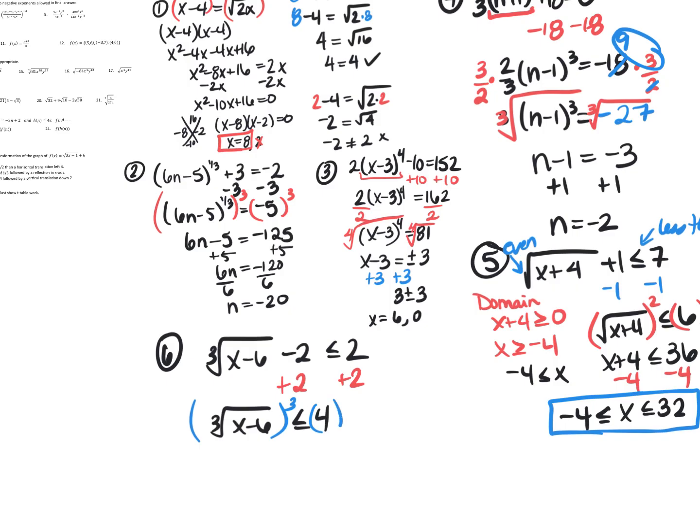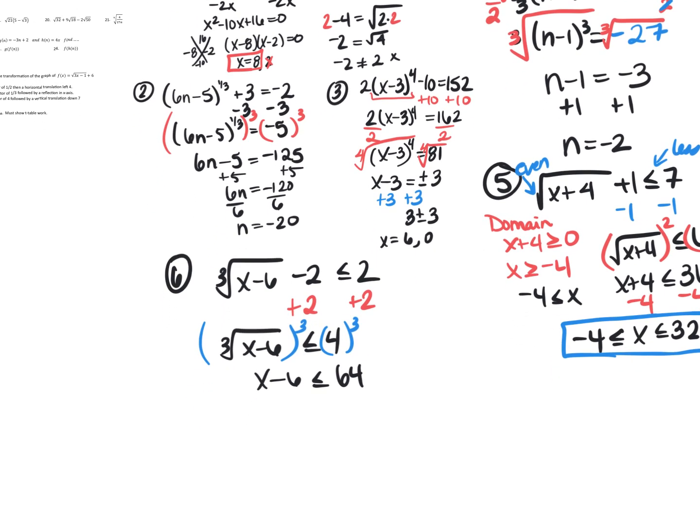Cube both sides, and x minus 6 is less than or equal to 64. Make sure you have those numbers memorized in your nth root table. Practice those flashcards if you haven't. Add 6 to both sides, and x is less than or equal to 70.